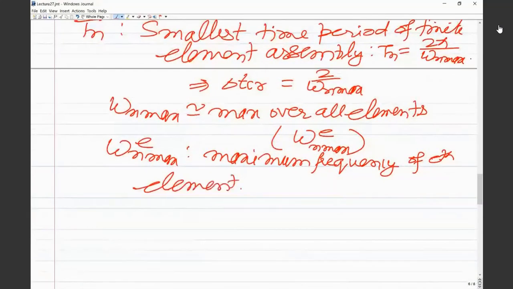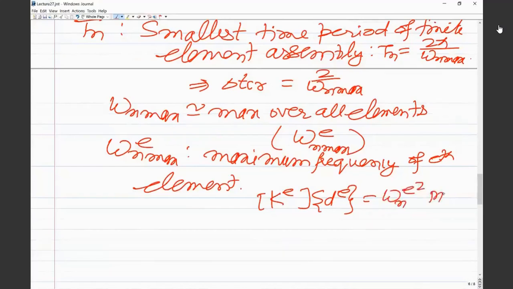For this we solve the element level eigenvalue problem directly, without assembly and boundary conditions. So we will have Ke de equal to omega n e squared into me de.